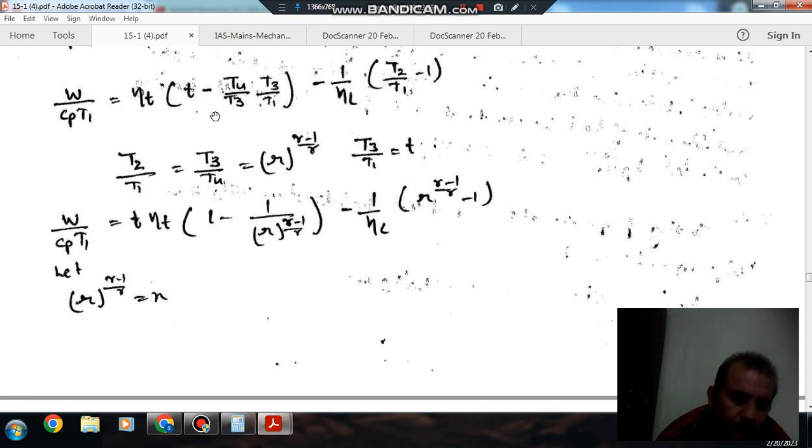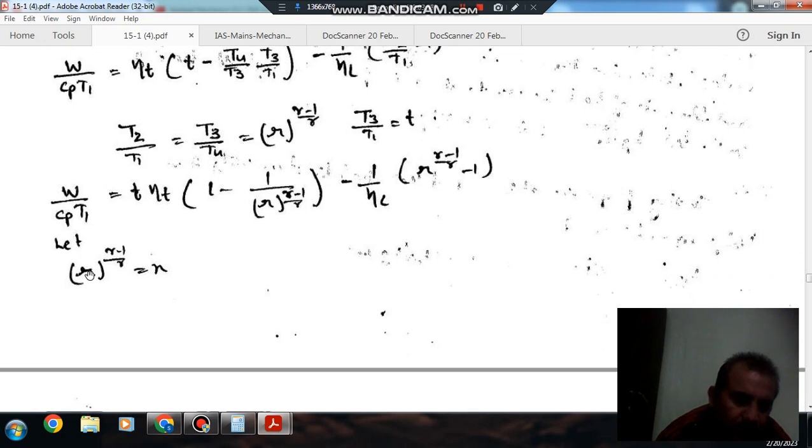So we can take t as common: isentropic efficiency times (1 minus 1 by R^((gamma minus 1)/gamma)), minus 1 by compressor efficiency times (R^((gamma minus 1)/gamma) minus 1).